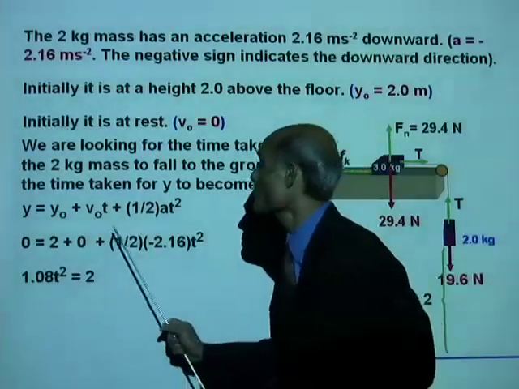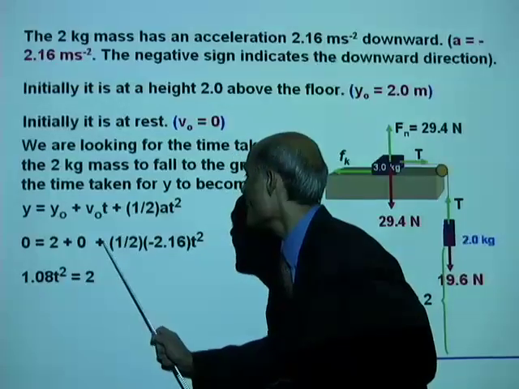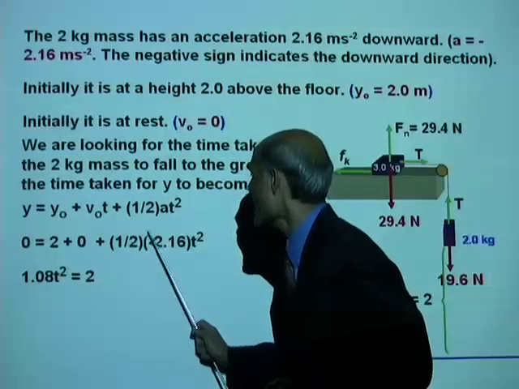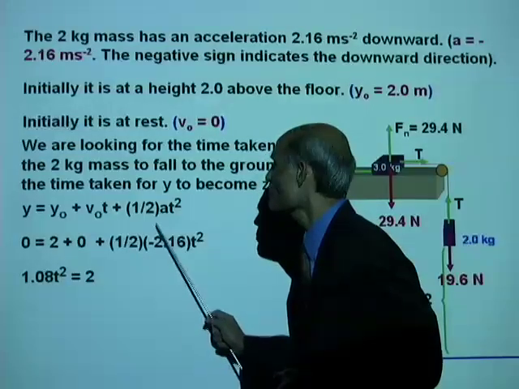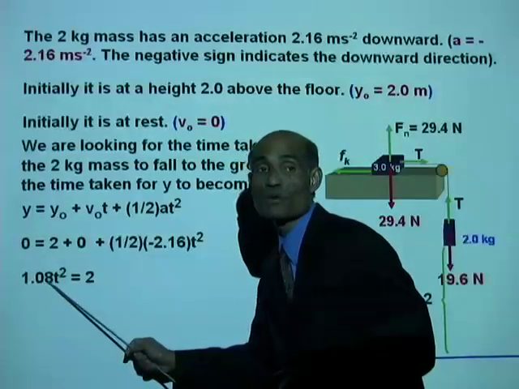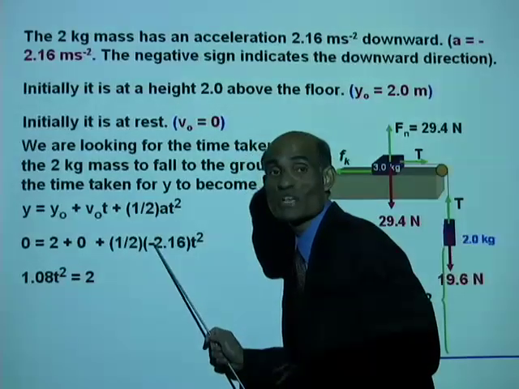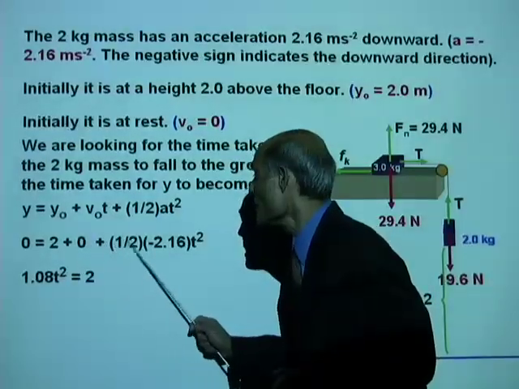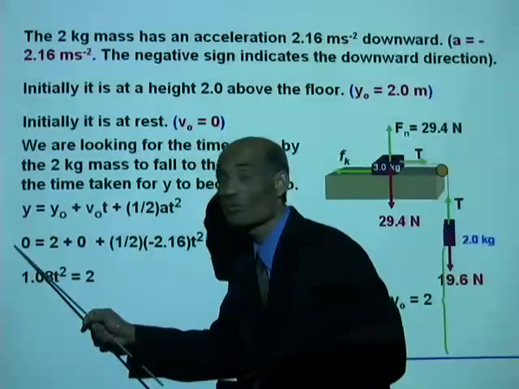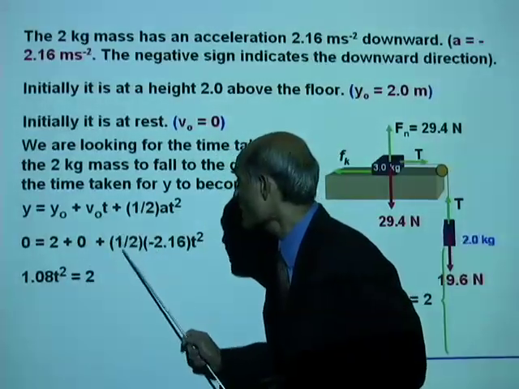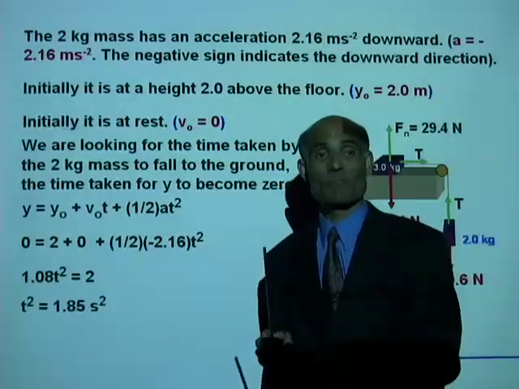Now you can see this will become 2 minus, what is 1/2 of 2.16? 1/2 of 2.16 is 1.08. So this will be 2 minus, because of this negative sign, 2 minus 1.08 t squared equal to 0, or 1.08 t squared equal to 2.